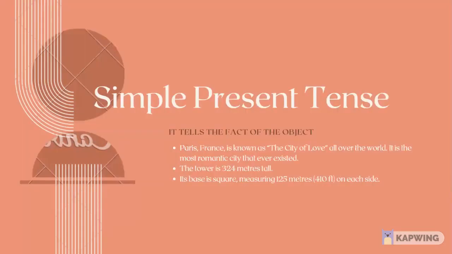Next one is the use of simple present tense. Simple present tense tells the fact of the object. Why? Because it can describe the subject. It also can tell us what really the object is.